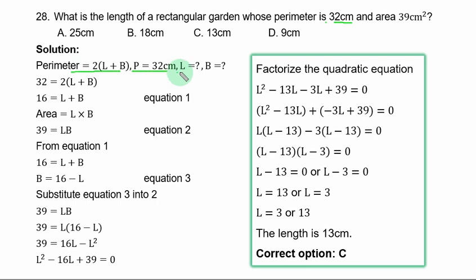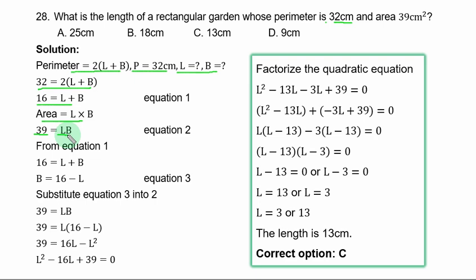The length and the breadth are unknown, so you have it in this form. Divide through by 2. 16 is equal to length plus breadth. You call that equation 1. Area is length times breadth. The area is 39 equal to LB. You call that equation 2.